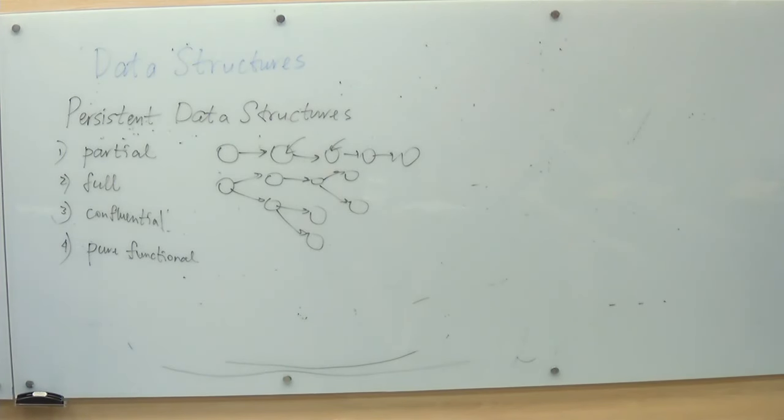Confluently persistent data structures have the property that you can combine different revisions of the same data structure in the same operation. So if there is an operation that takes several instances of our data structure, then you can combine them in one operation.